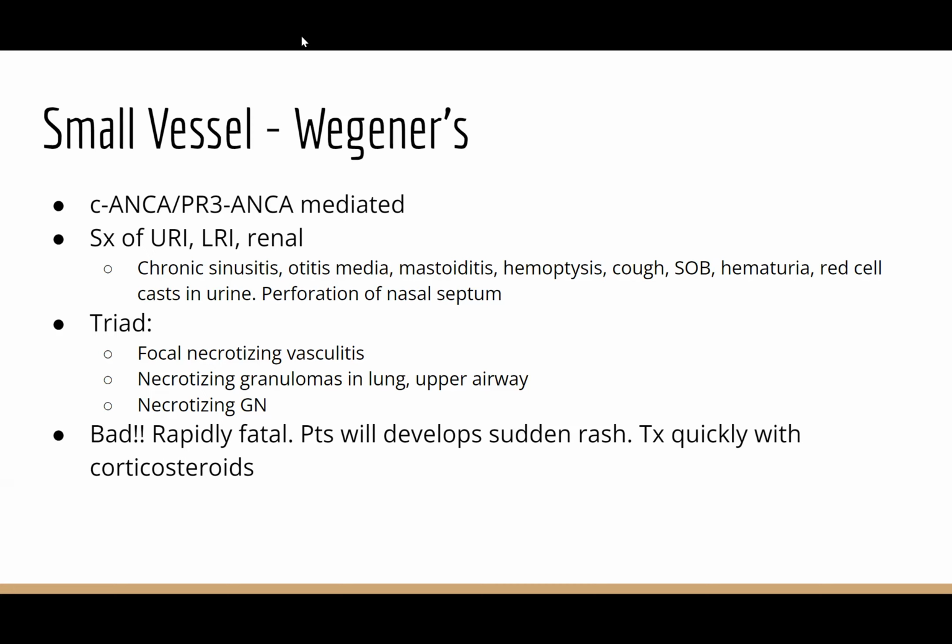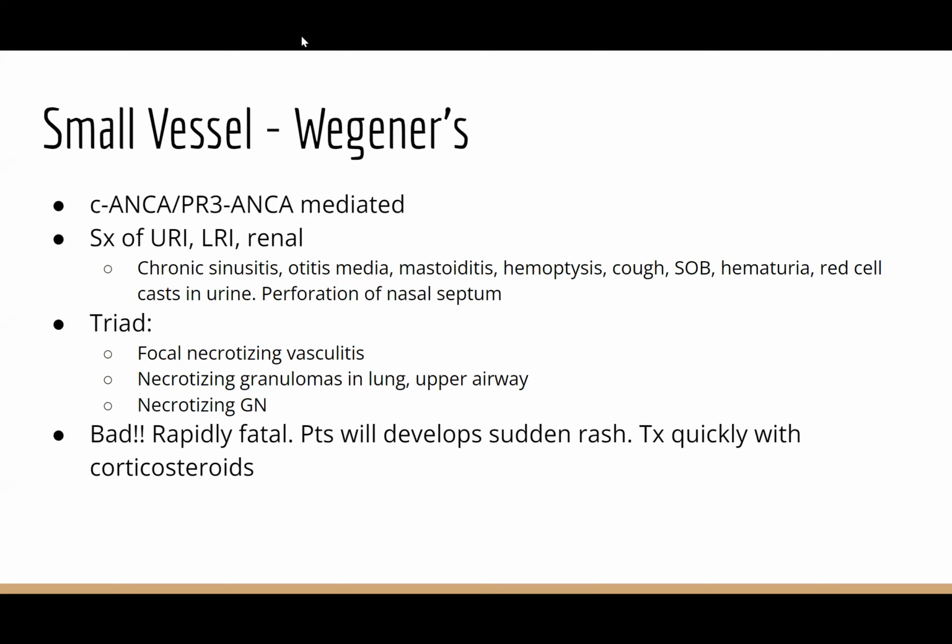So the actual disease, you're going to have a triad of focal necrotizing vasculitis, necrotizing granulomas, and necrotizing glomerulonephritis. So this is very rapidly fatal. I don't remember if it was in lecture or a supplemental video I was watching, but it's a reaction and it's fatal quickly.